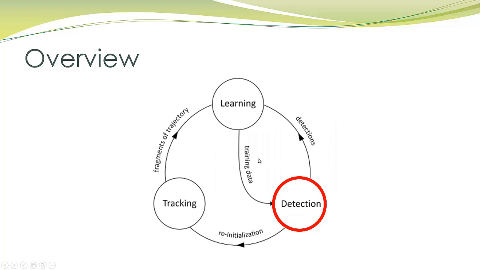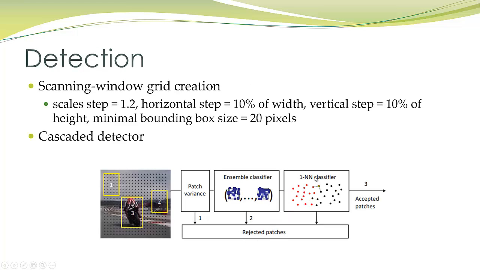So I just finished talking about the tracking part. The next thing is detection, which is another important component in this TLD framework. In detection, first you have to generate the scanning window, which contains scale information.